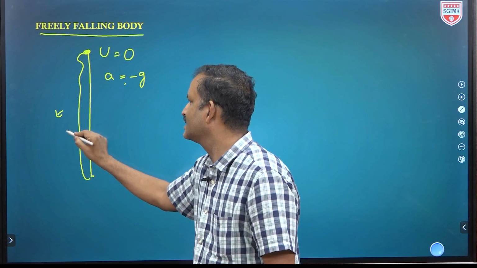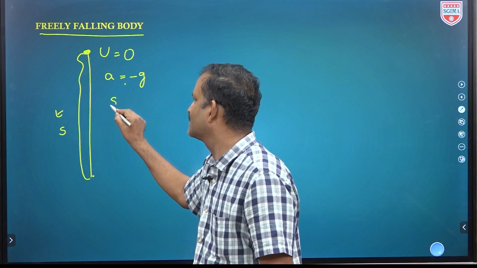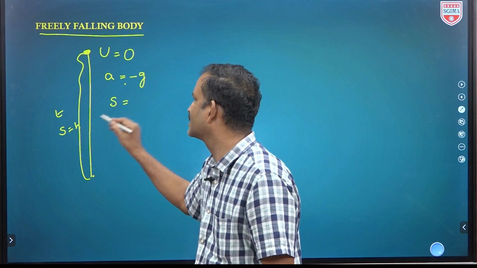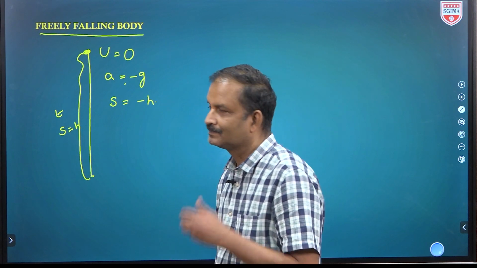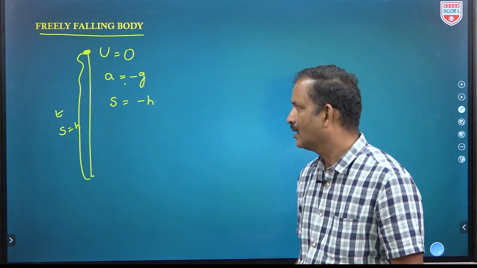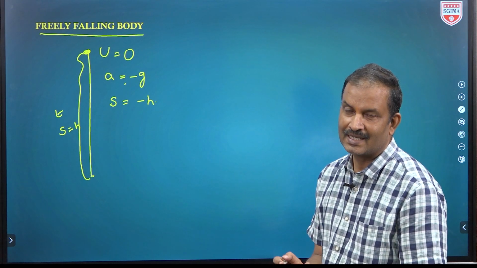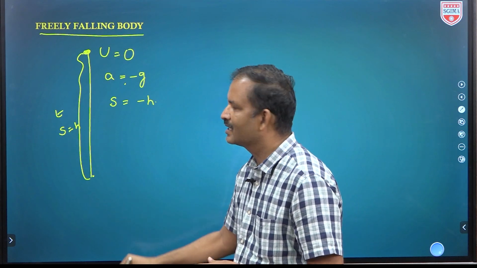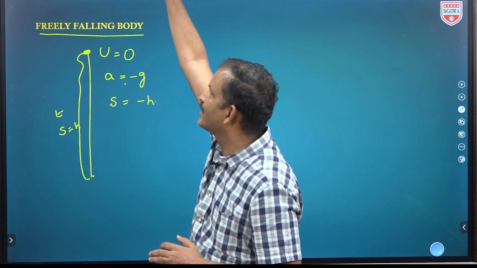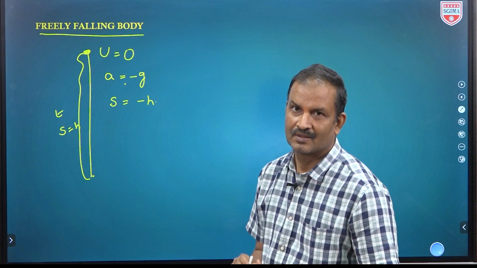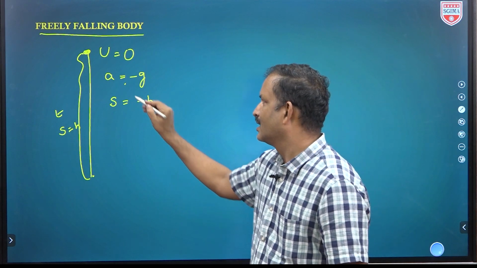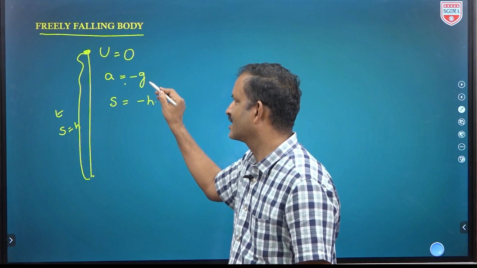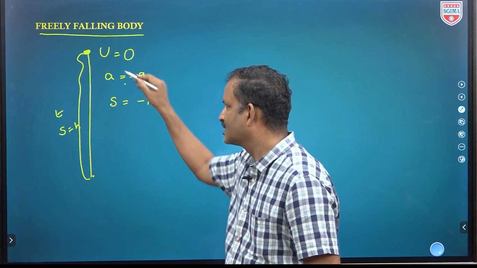Let us take this as the displacement, h, and following the sign convention the displacement is minus h. So here acceleration is minus g in the downward direction, and displacement is also minus h.